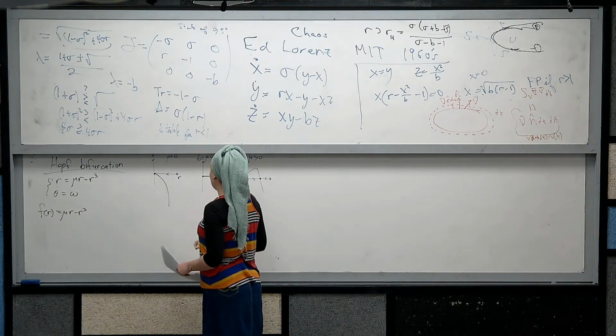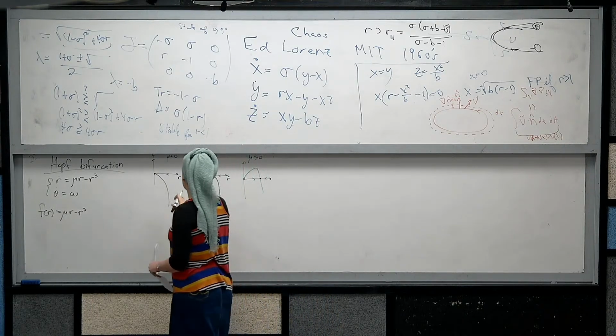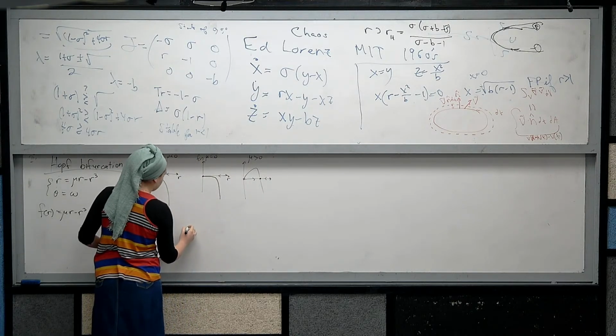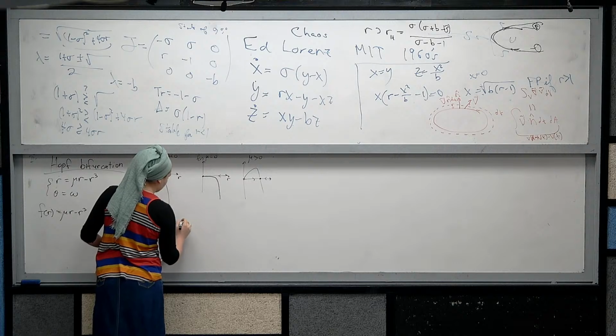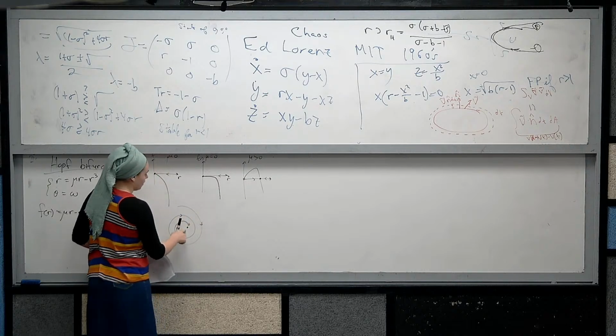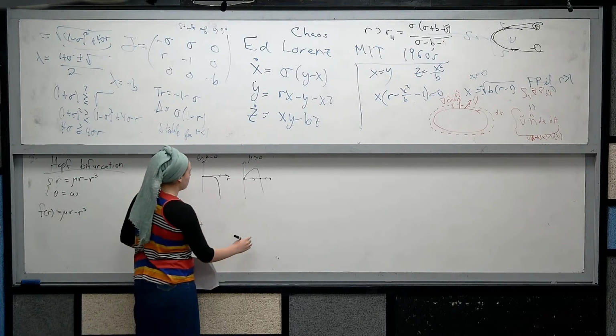So how does it look for mu lower than or equal to 0? We have a spiral going into the point r equals 0.